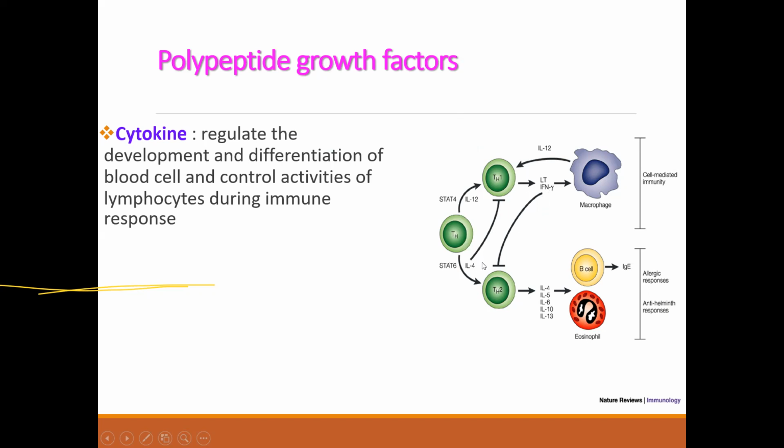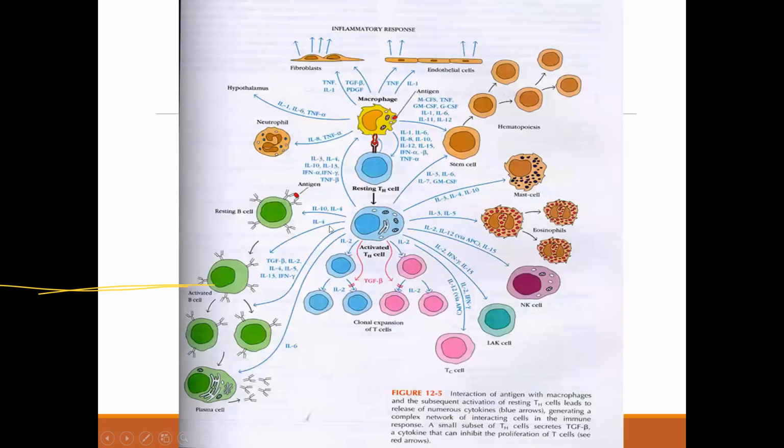They are all cytokines. This is also a quite complicated diagram showing the release of many types of interleukins to control the whole system of immune cells.